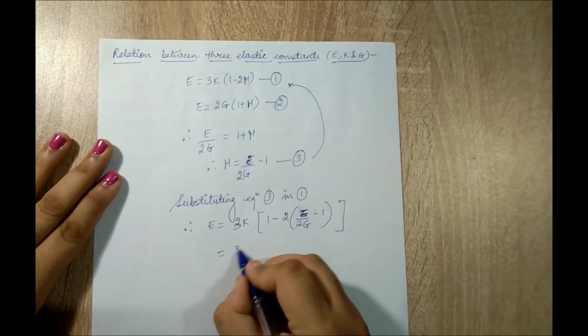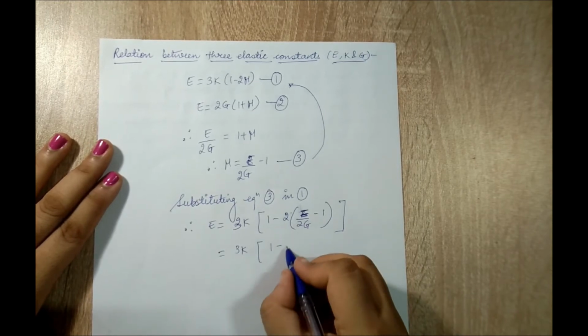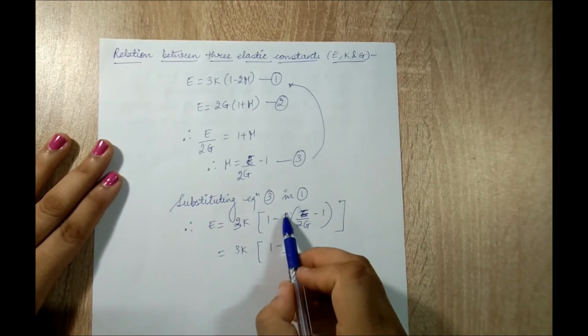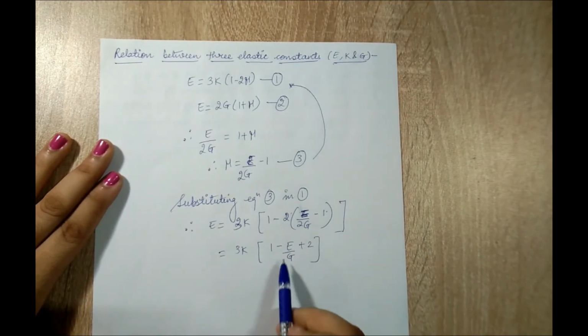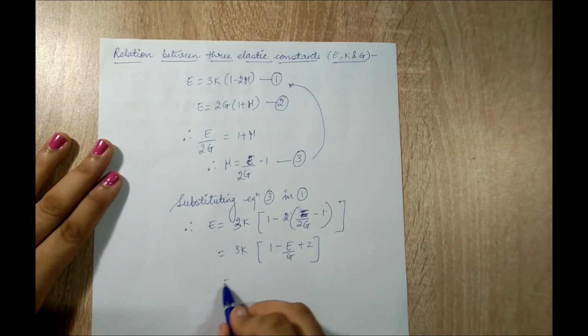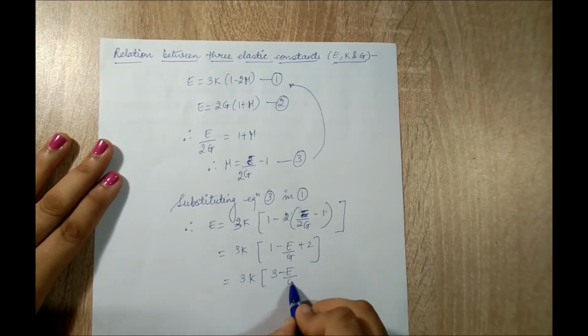When I multiply, I'll get 1 minus, this 2 and 2 get cancelled, so the first term is E upon G, and when I multiply the term here, I am going to get plus 2. So this is 1 plus 2, 3. So I'll get 3K into (3 minus E upon G).